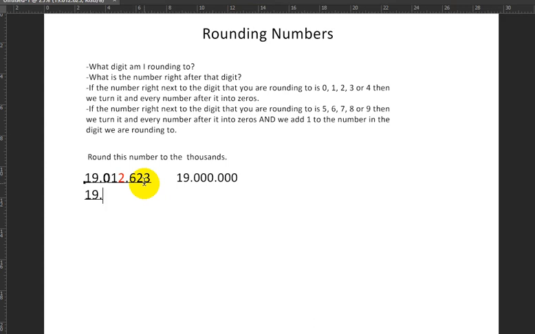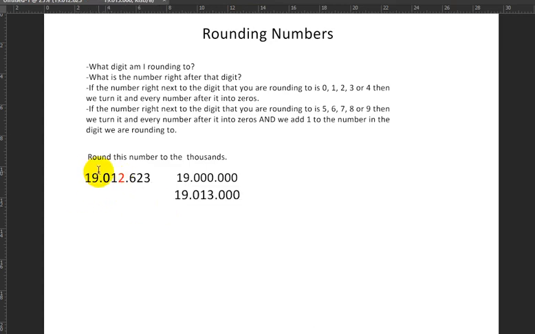So it would be 19 million, all the numbers to the left, and then this here gets 1 added to it. So it becomes 3. And then the rest of these become 0. So now I just turned this number into 19,013,000.